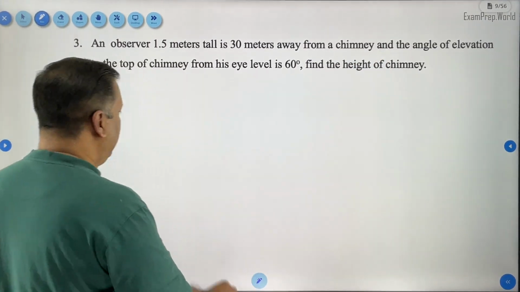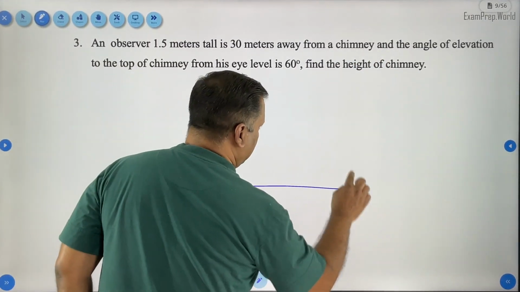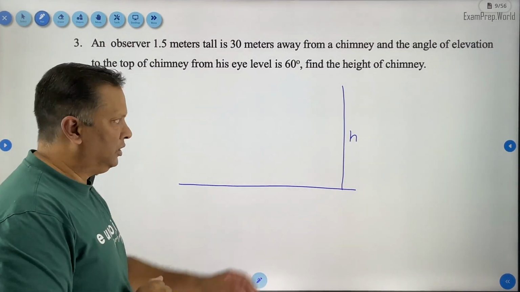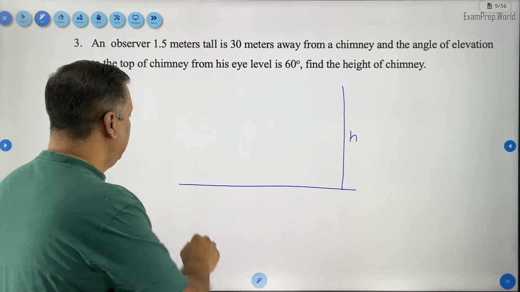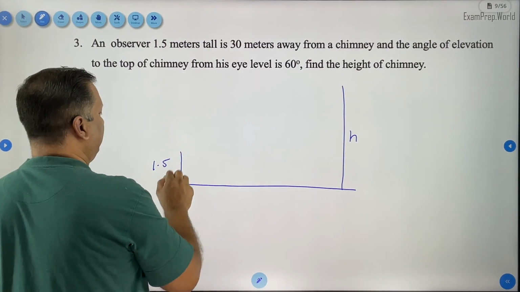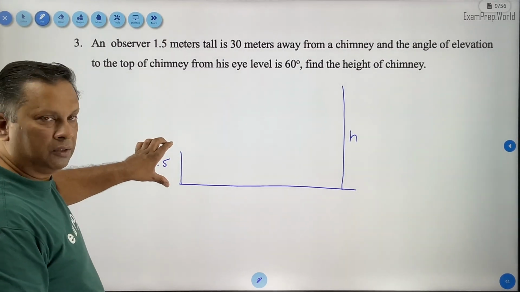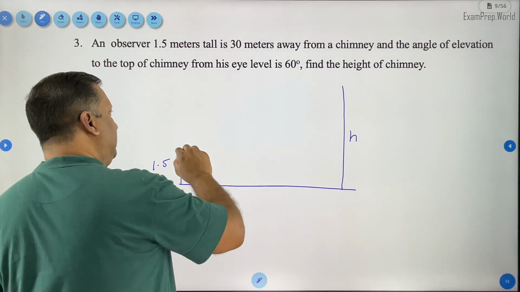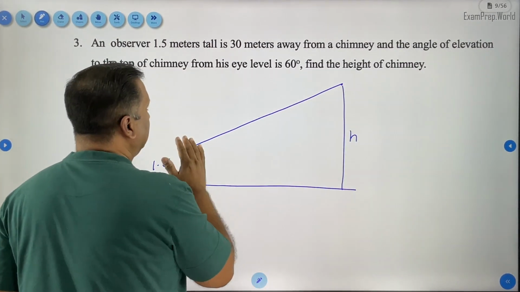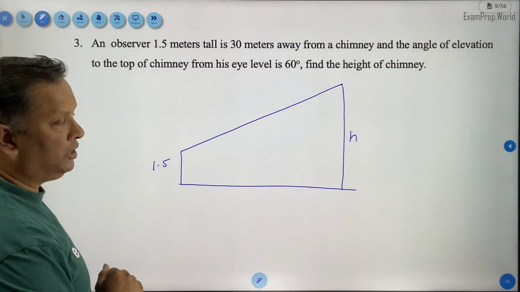Here you have to be careful because two vertical things are there. One is the chimney, whose height we have to find. This is the height of the chimney, right? And the person himself is 1.5 meters tall. So this is the person, and he is seeing the top of the chimney at an angle of 60 degrees.